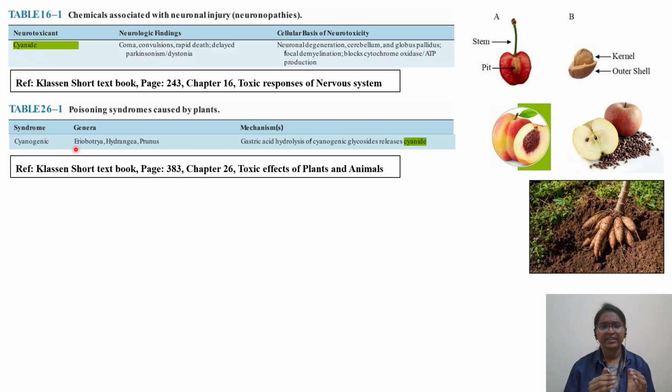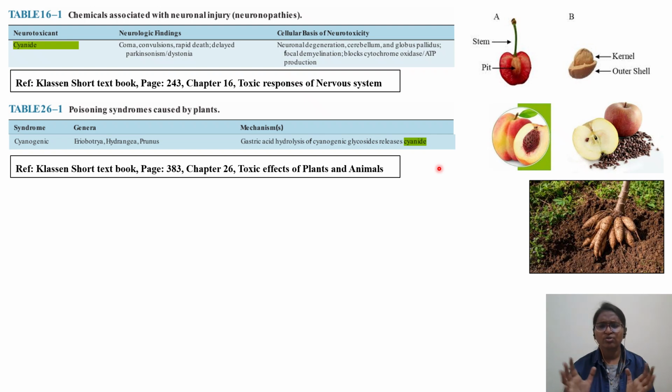To protect these plants from herbivorous grazing animals, in their kernels a small quantity of these cyanogenic compounds is there, which you can come across in bitter almonds. Some examples are also given, so you can go through them. And this undergoes gastric hydrolysis, then releases cyanide, and thereby it will cause toxicity.